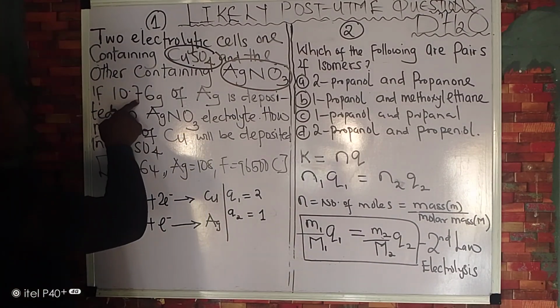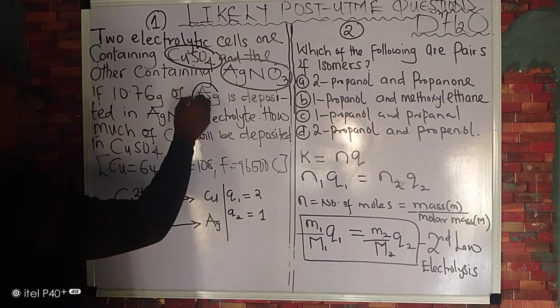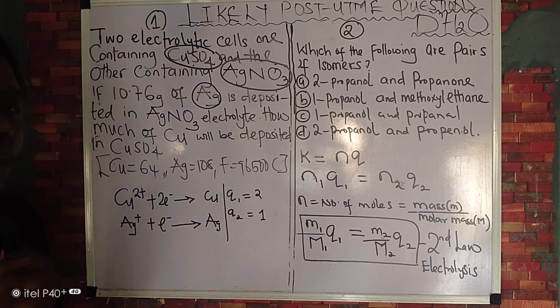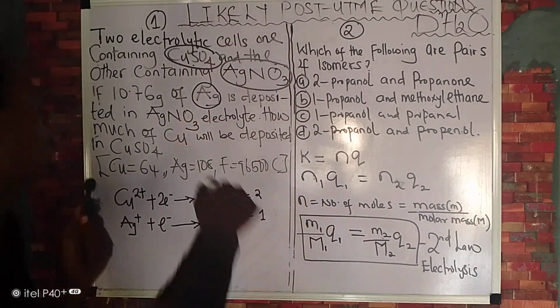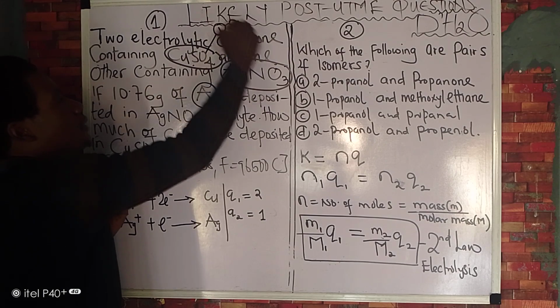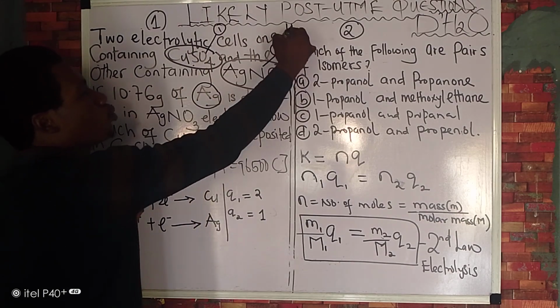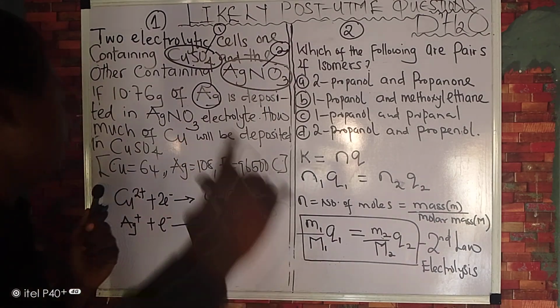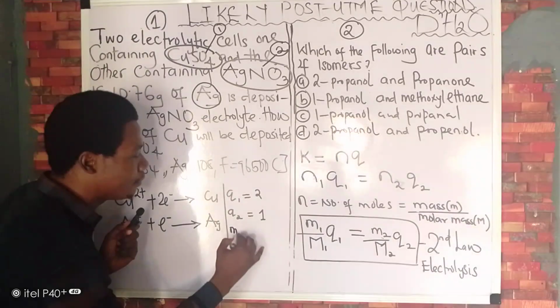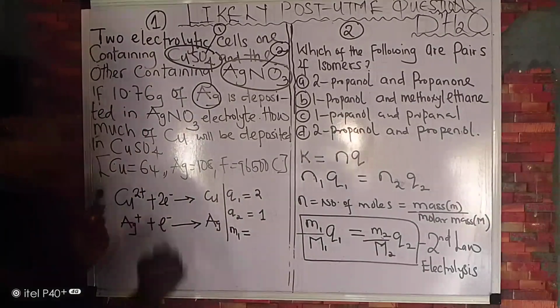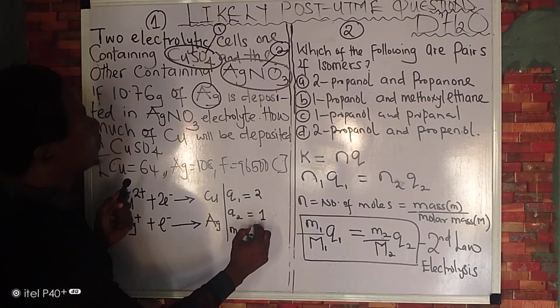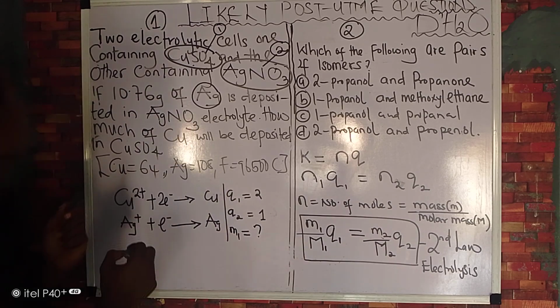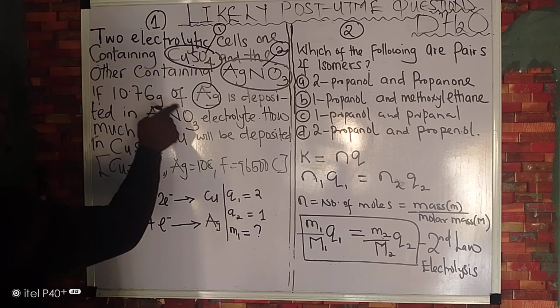They went further to tell us that 10.76 grams of silver, so they have given us the mass of the other element. Remember that copper is number 1, silver is number 2. So for number 1, the mass M1 we don't know, because they said 10.76 grams of silver.